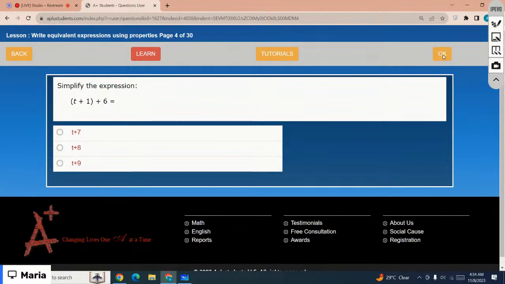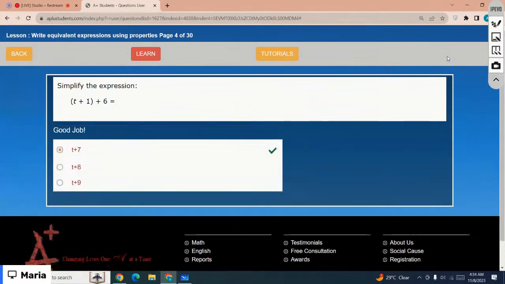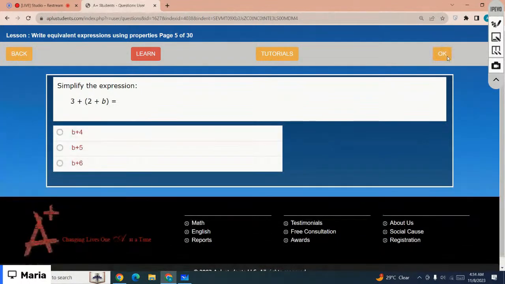t plus 1 plus 6. So which is the correct option? The correct option is t plus 7. You have to add 6 plus 1, right? So that is t plus 7. Okay, simplify the expression. So which is the correct option?